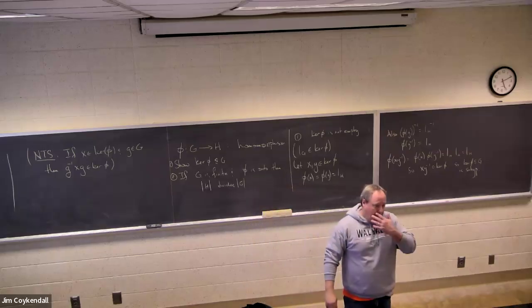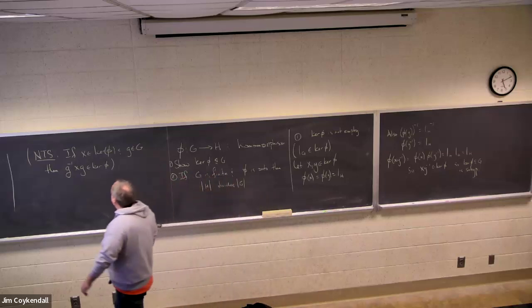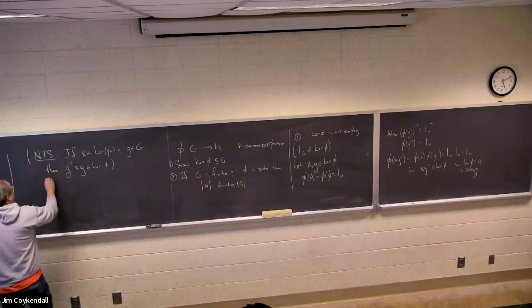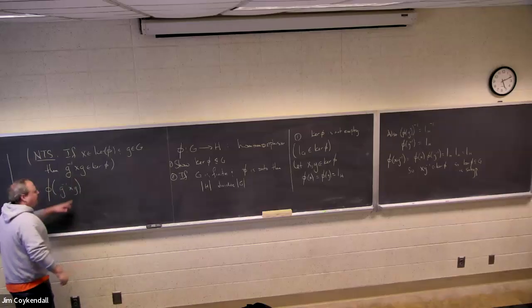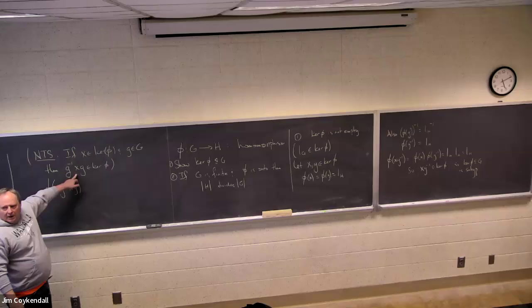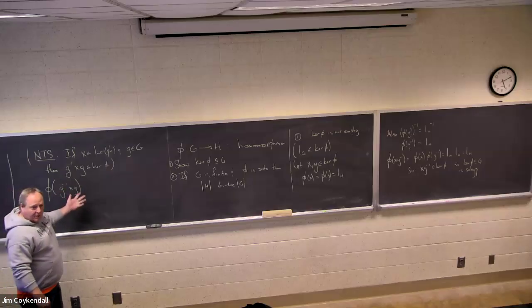So, everybody okay with it? Okay, so to that end, look at phi of g inverse x g. To show that this is in the kernel, all I really have to do is show that this thing's going to barf out the identity. Well, let's see what happens.